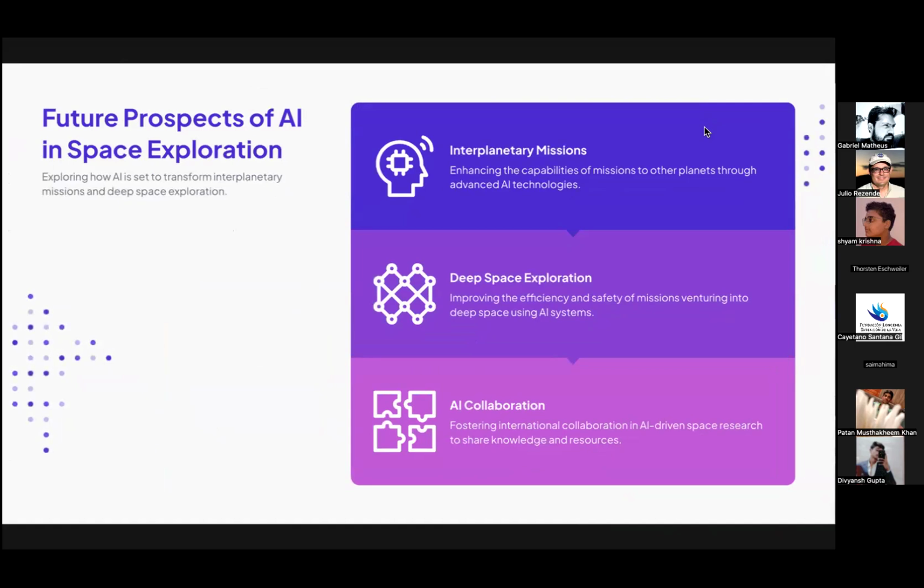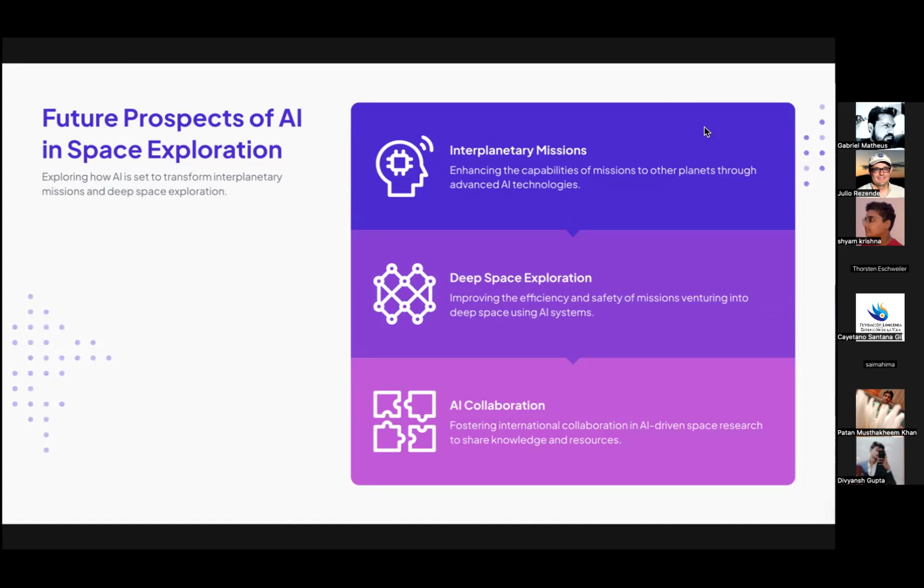The last slide is future prospects of AI in space exploration. It gives main importance to interplanetary missions, deep space exploration, and AI collaboration. AI will be of major importance for everything, especially in space, because AI is booming now and we need AI in literally everything, like robotics, whatever it may be.